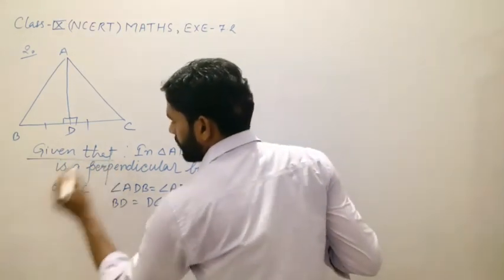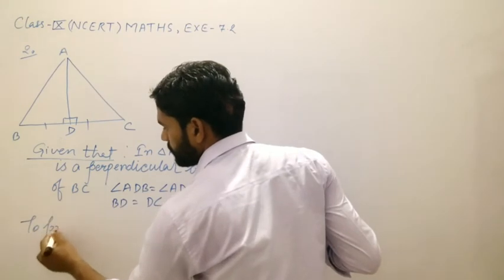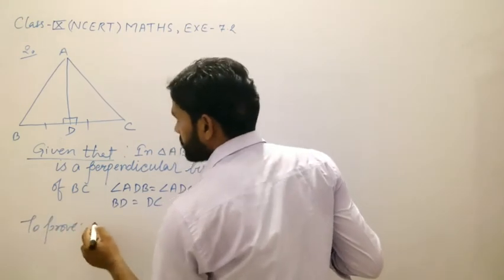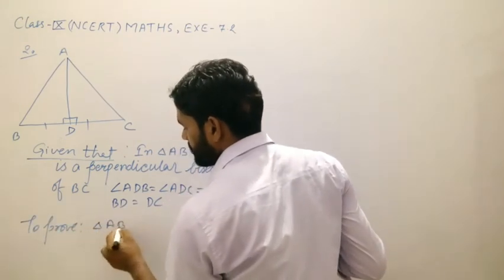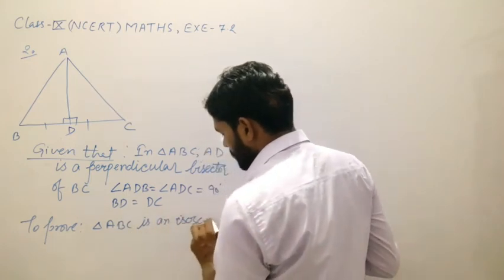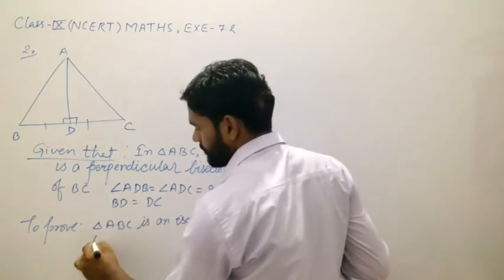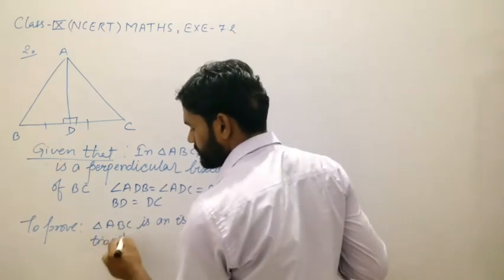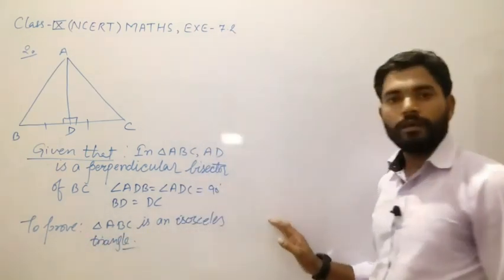Given that, ये हुआ। To prove: triangle ABC is an isosceles triangle. Got it?